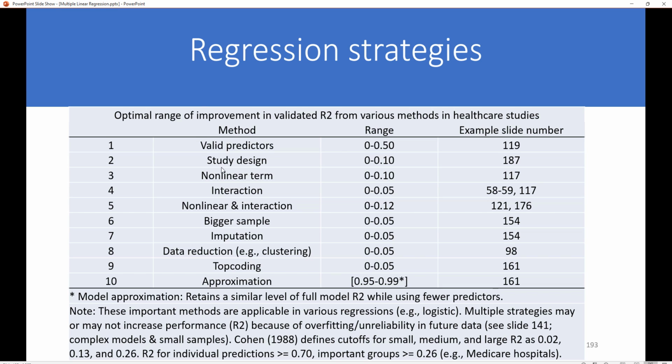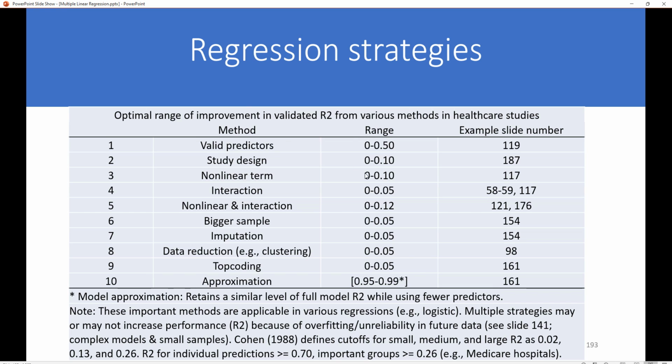We have that on the left side, and then we have a sort of an anticipated range of improvement by implementing these different methods. So we'll start out with our standard model, and if we include these different strategies, we might see an increase in our R-square.